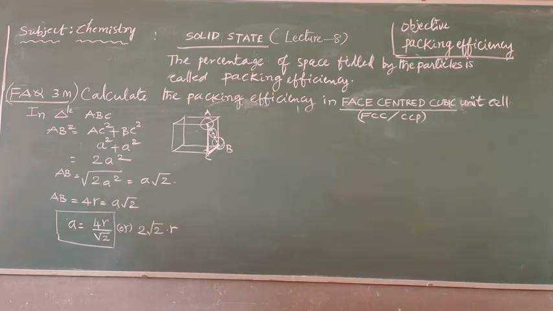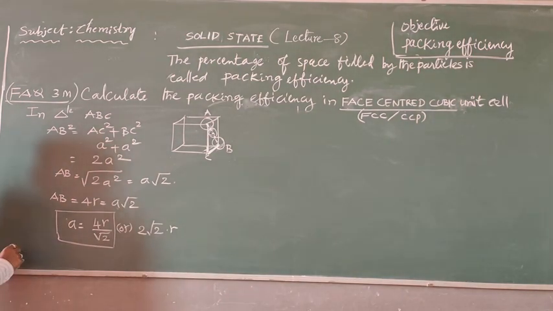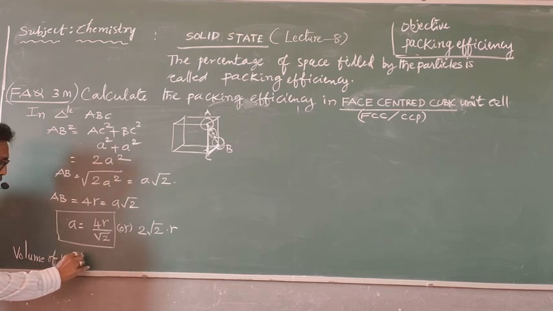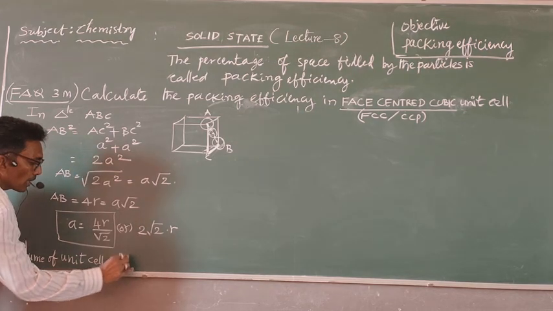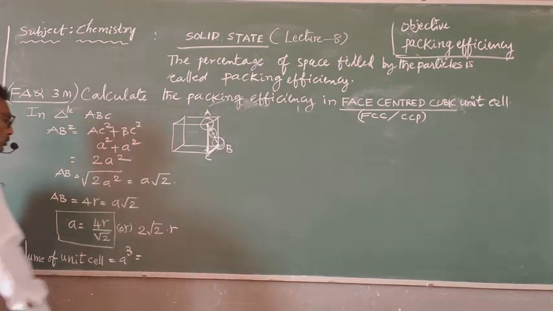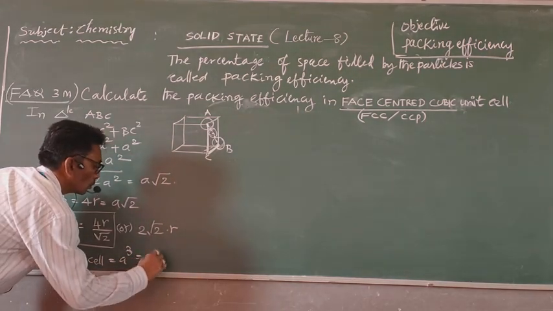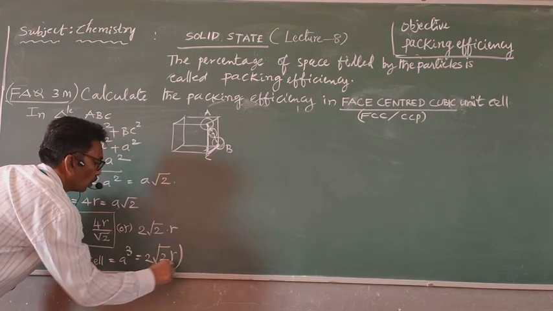After that, volume of unit cell. As usual in the previous case, that is a cube. a cube is equal to 2 root 2 r whole cube.